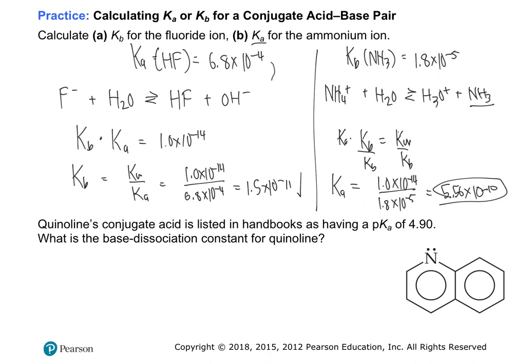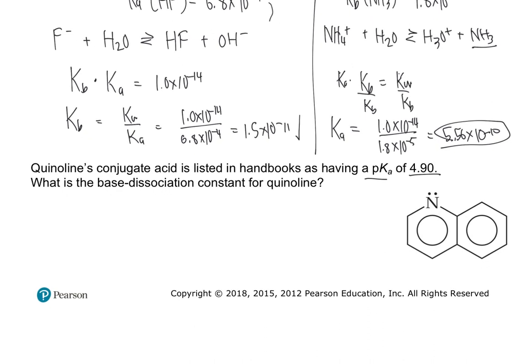Here I have quinoline's conjugate acid. It has a pKa of 4.90. So what's the base dissociation constant? A couple ways you could do this. You could find Ka for quinoline by doing 10 to the negative pKa. So you'll do 10 to the negative 4.90 and then plug it into this guy here, just like we did over there.